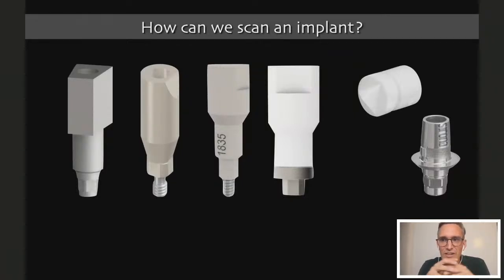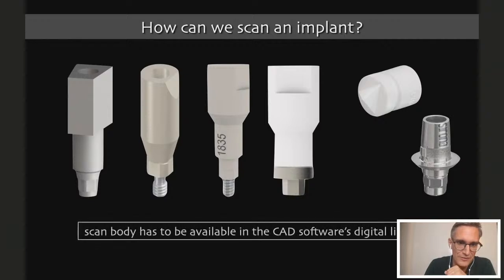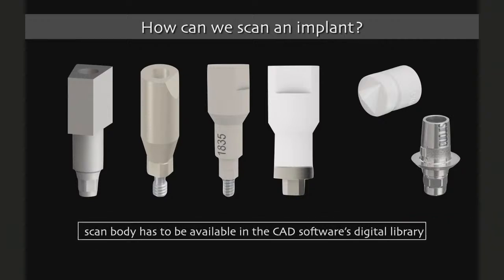Before we can take an impression, I would like to mention that we need a scan body in order to be able to scan or to transfer an implant. How does that work? Those scan bodies are fixed onto the implant, and later on, and that's also a practical aspect, you need to speak to your dental technician about what kind of CAD software he has.